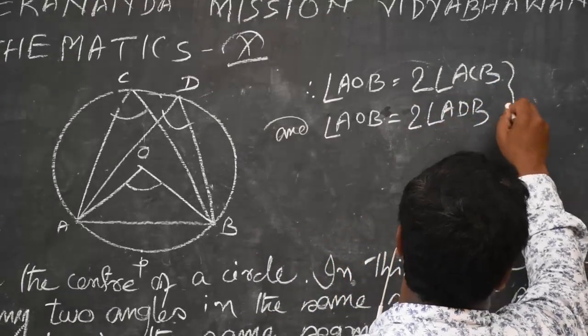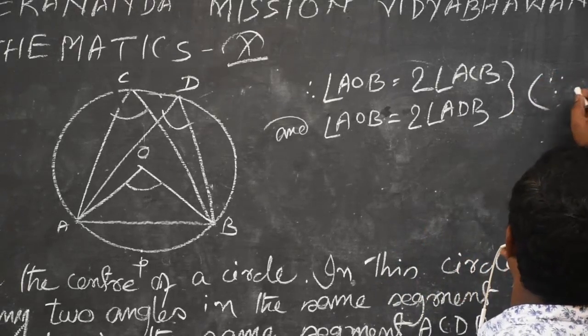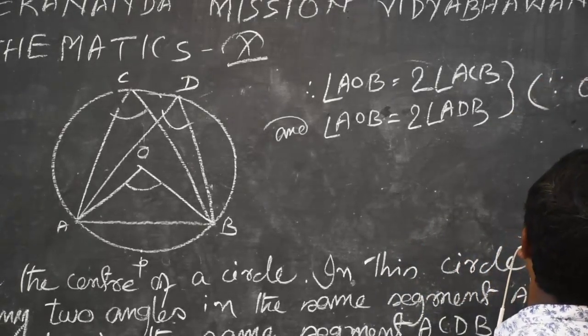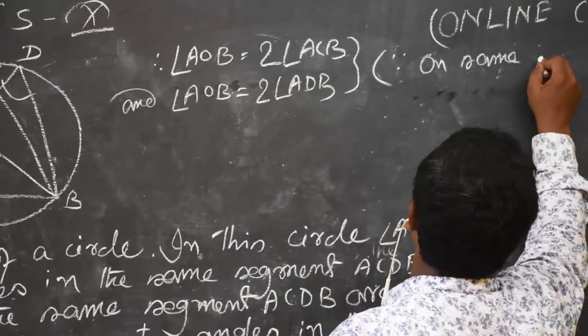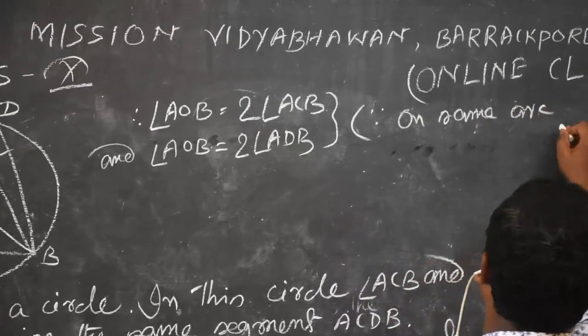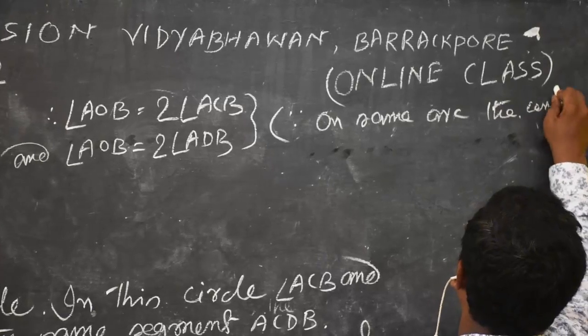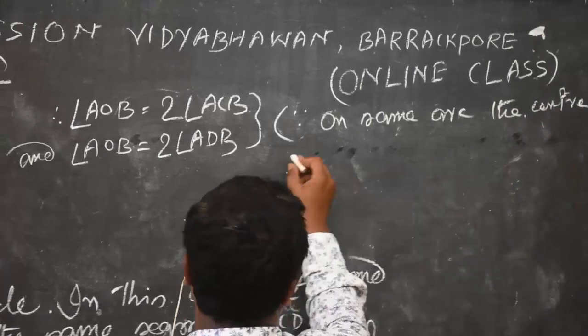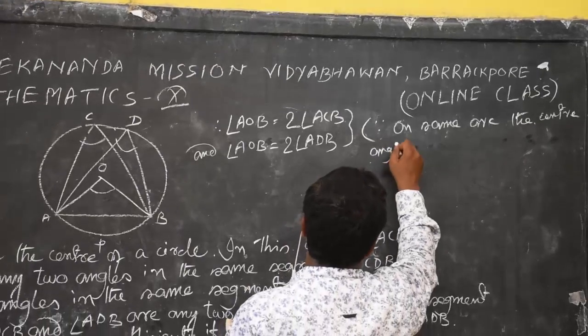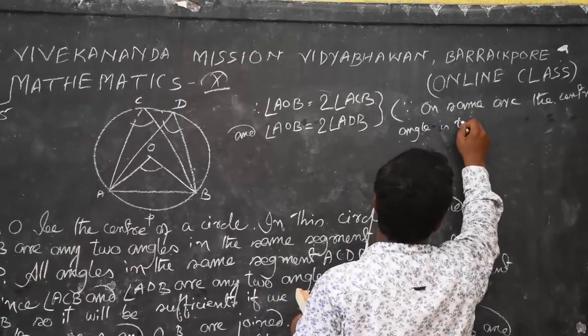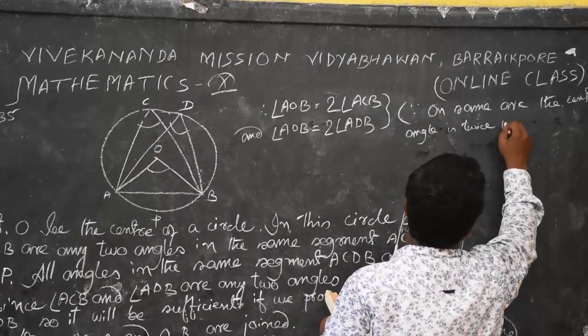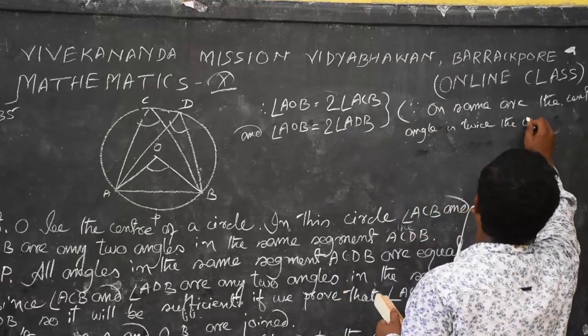You have to write here the logic: since on same arc the center angle is twice the circumangle.